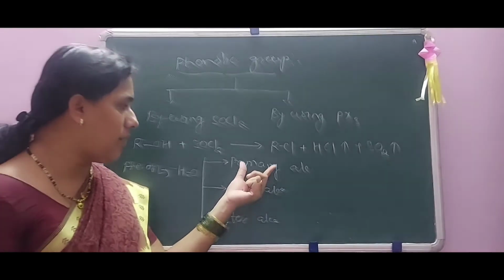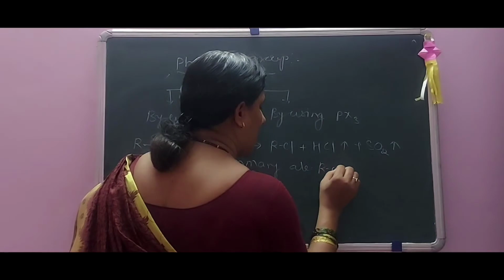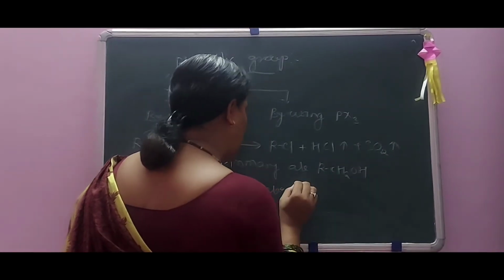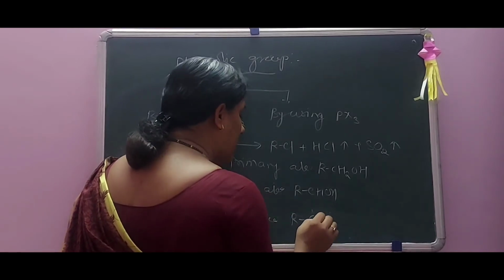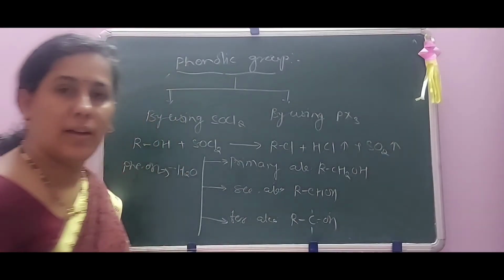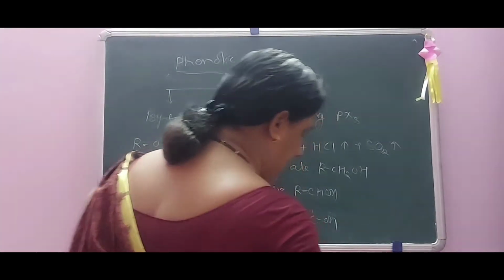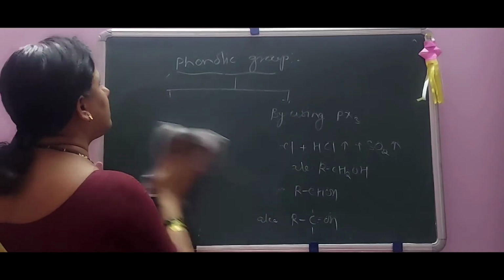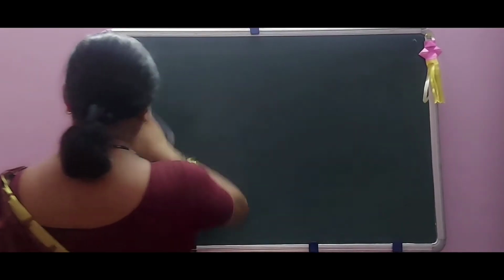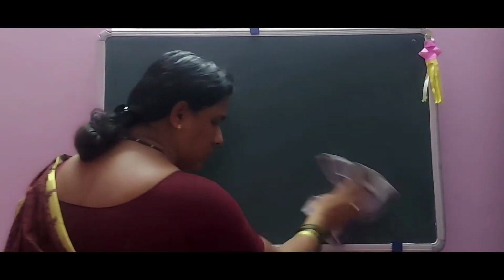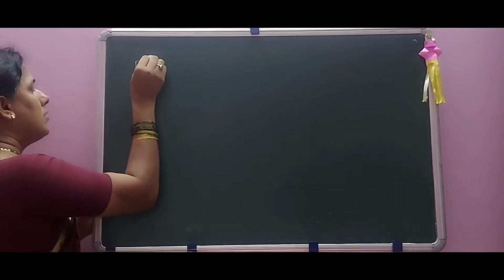Here we must know the formula for primary alcohol. The formula for primary alcohol is RCH2OH, for secondary RCHOH, and for tertiary RCOH. Now come to the reaction first, for primary alcohol.